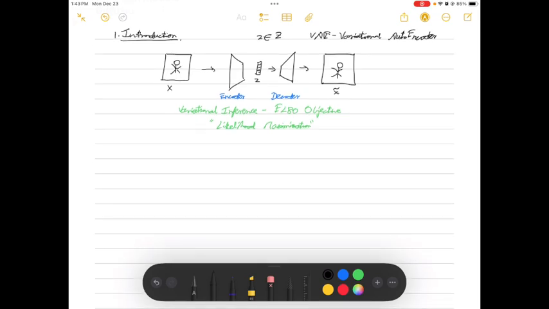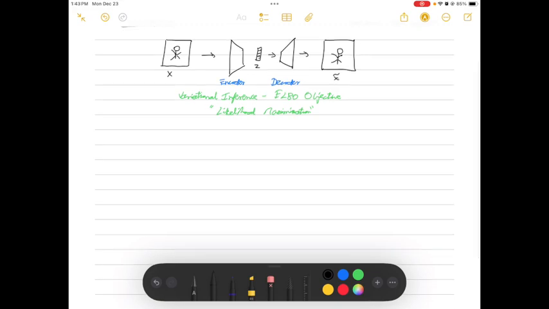So in the case of diffusion models, the encoders and decoders can be considered as forward processes or backward or reverse processes. The forward process is called the diffusion process.